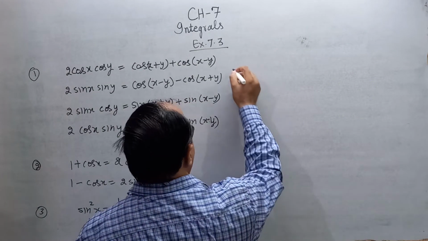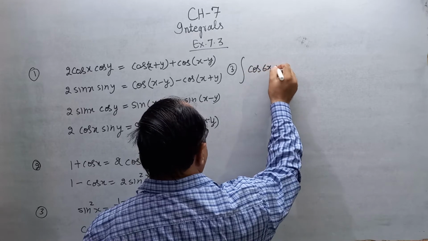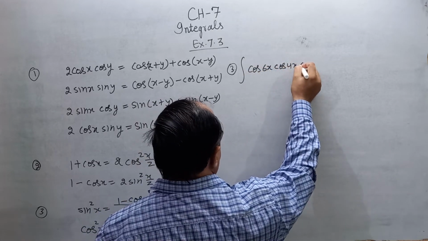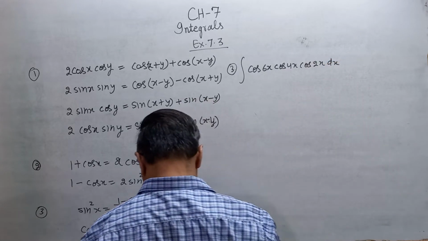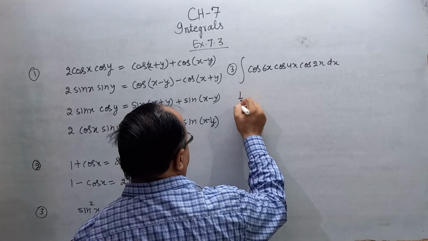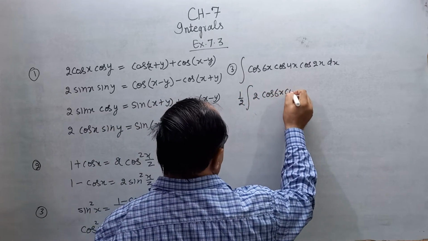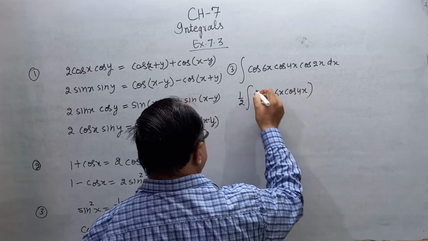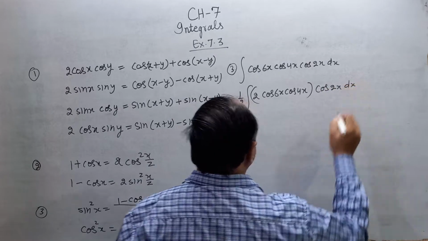Question number 3. Integration cos 6x cos 4x cos 2x dx. Correct. Now multiply and divide by 2. 1 by 2, 2 cos 6x cos 4x and cos 2x as it is.